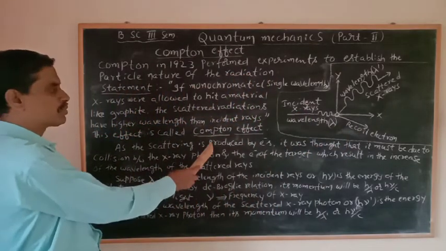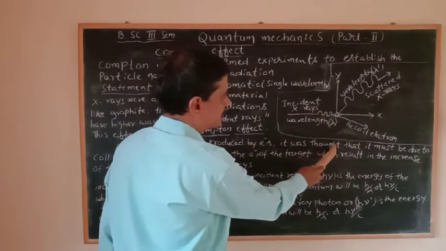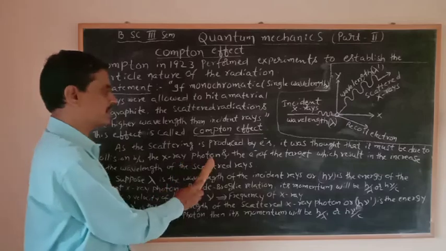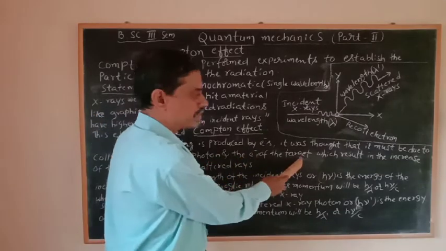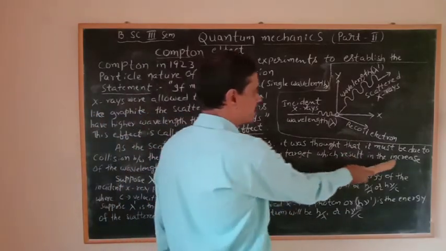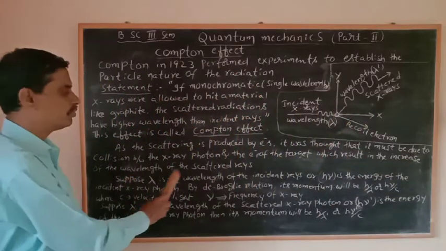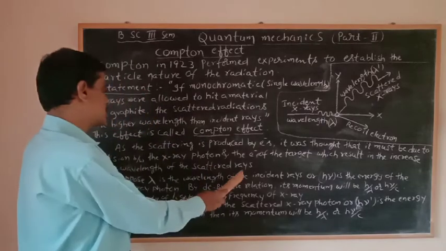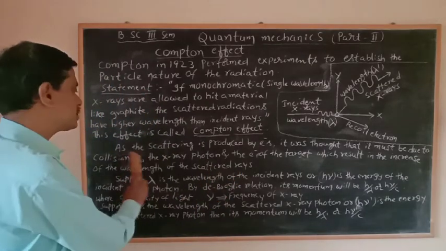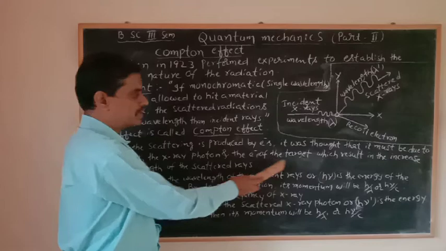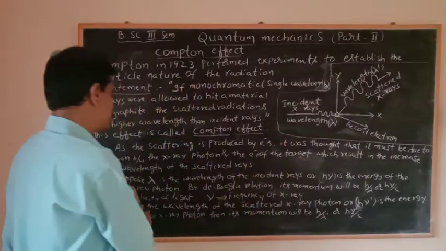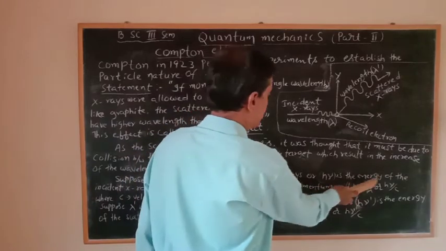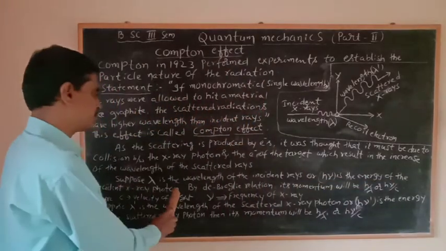As this scattering is produced by the electrons, it was thought that it must be due to collision between the X-ray photon and the electron of the target, which results in the increase of the wavelength of the scattered rays. Suppose lambda is the wavelength of the incident rays, or h nu is the energy of the incident X-ray photon.